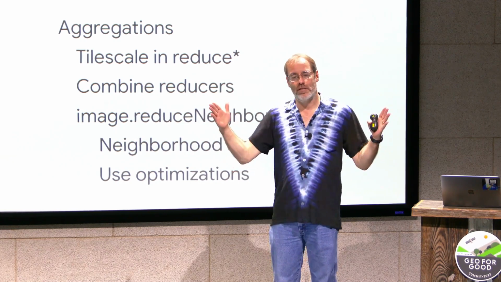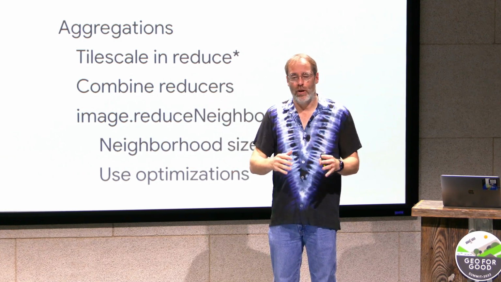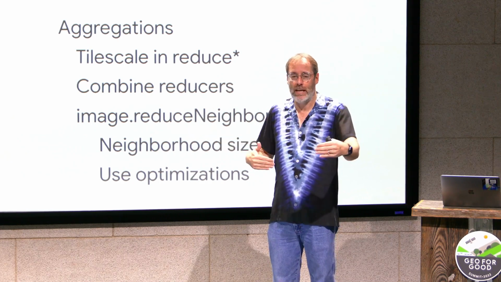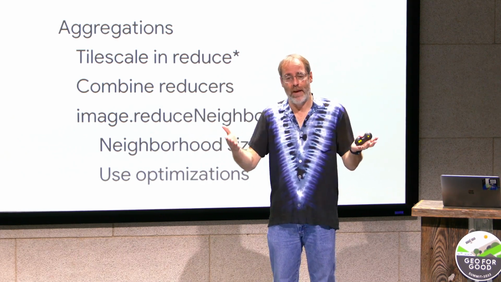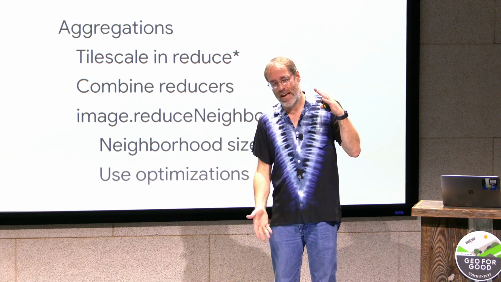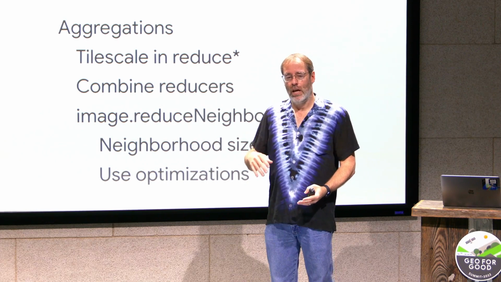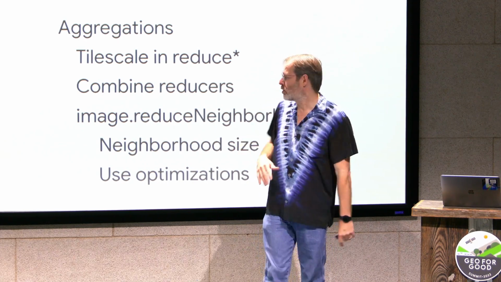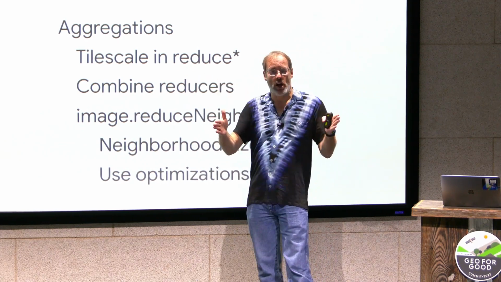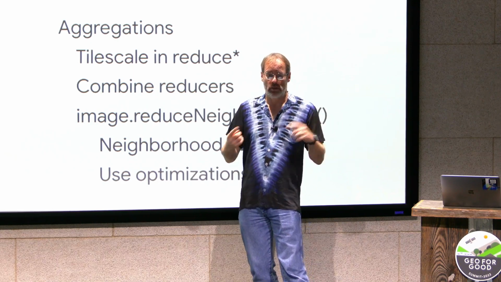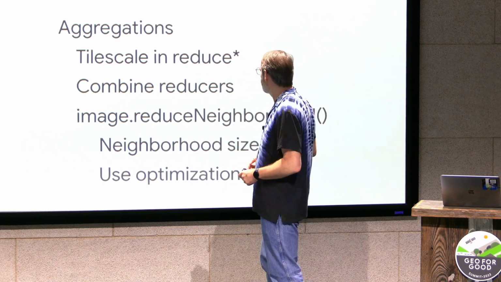Tile scale causes us to use a smaller tile. By default, the tiles are 1K by 1K pixels, and so that's usually 1 meg per band. If you've got 20 bands, suddenly that's a 20 megabyte chunk of memory. It can suddenly become too much. And tile scale will just cause us to use smaller tiles. And so it takes longer, but uses less memory.